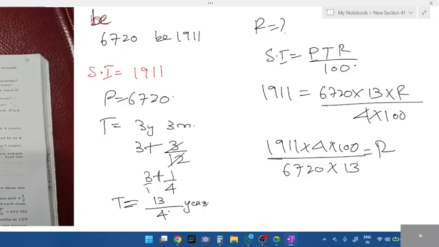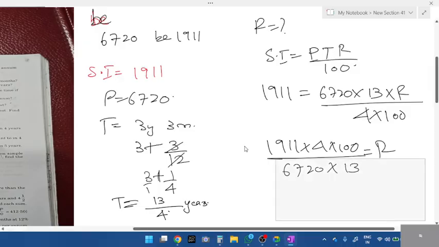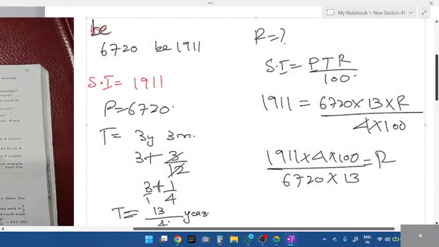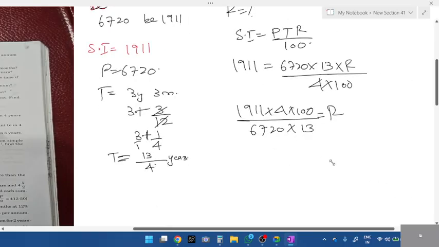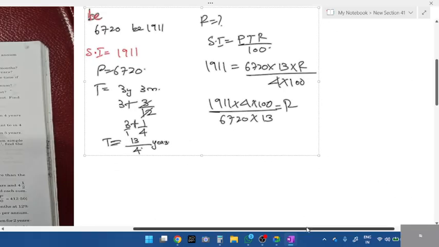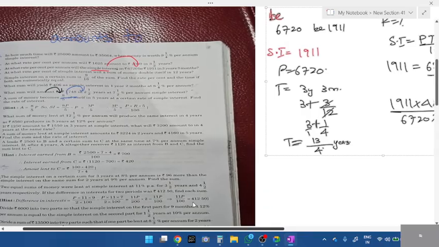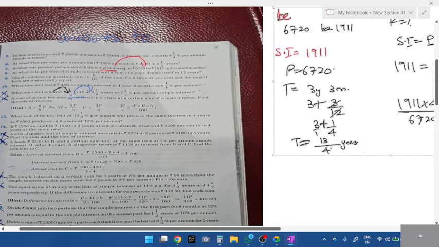First, read the question before copying this. Wait just a minute. If you're just sitting and copying, you will not understand. All of you read the question first. What is given? Seventh one. At what rate percent per annum will the simple interest on 6720 be 1911?